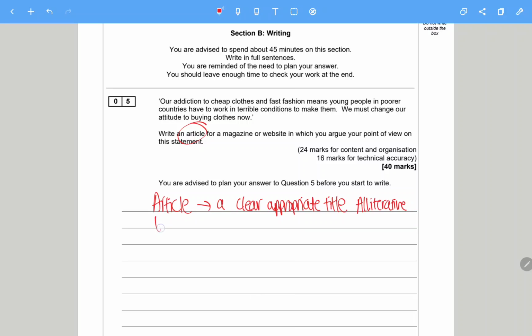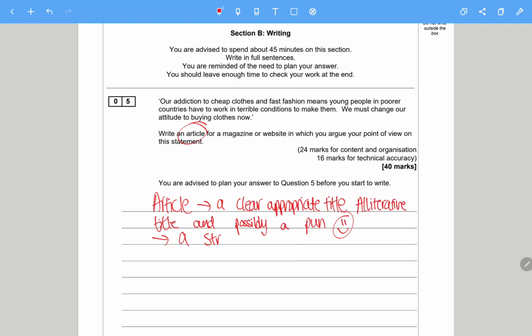Okay, an alliterative title, and possibly a pun. So you may want to see how you can use a pun. A pun is a play on the words, so it's like a joke with the words. So see if you can use a pun within your answer, because that can get you extra marks as well. And not only that, when writing an article, the second thing that you need to include is a strapline.